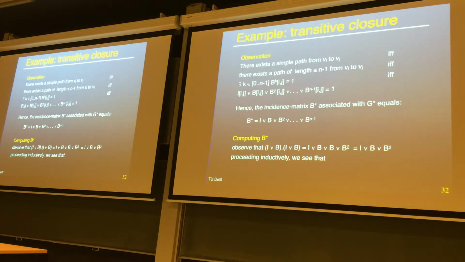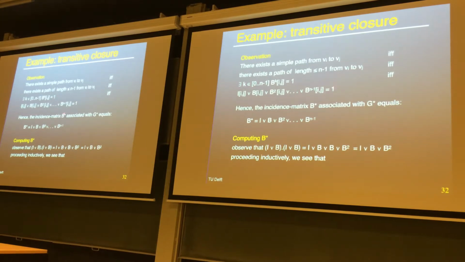It might be that Vj equals Vi, then we have it immediately, or it might be that we have to compute B squared, B cubed, etc., until B to the power n minus 1. So, if we take k equals 0, then B to the power 0 is the identity matrix. So, either Iij equals 1, or Bij equals 1, or B to the power 2 ij equals 1, or B to the power n minus 1 ij equals 1.